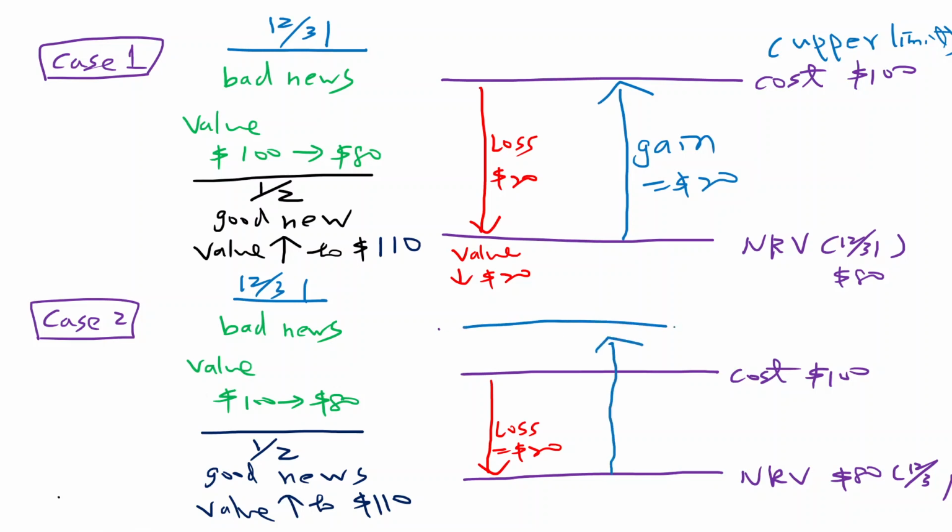Case 2, you recognize what you have. What you have is NRV 110 on January 2nd. So what's the gain you recognize? The gain is $30. Which one do we accept? First one. Why is that? Remember which method we use?